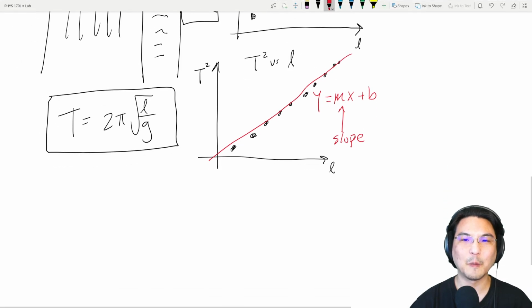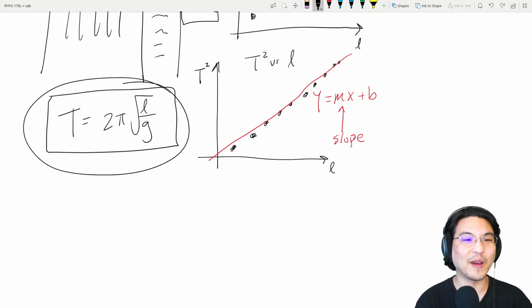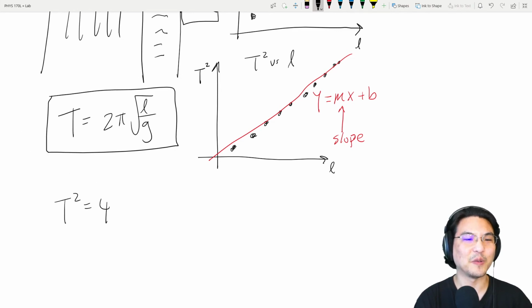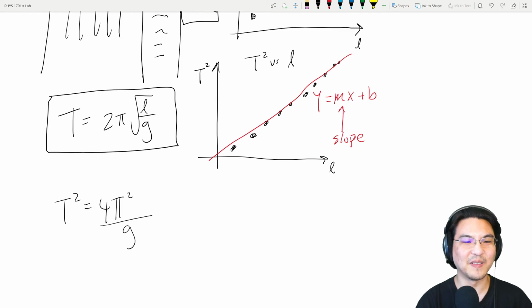Okay, and then you put this in your lab report too, this equation, this assumption. If you square this, what do you get? 4 pi squared L over G. Okay, and then let me move the L over here.